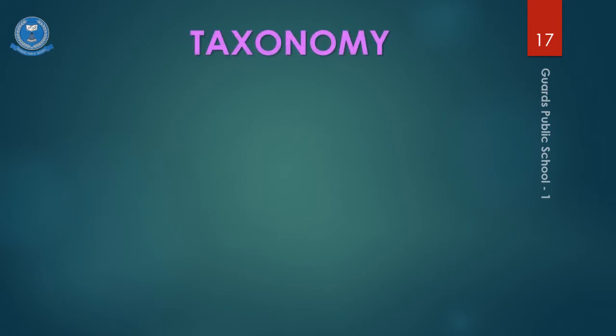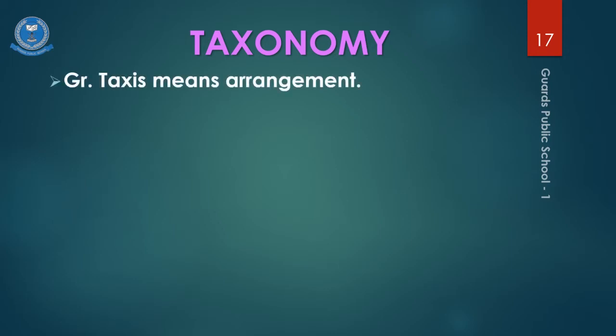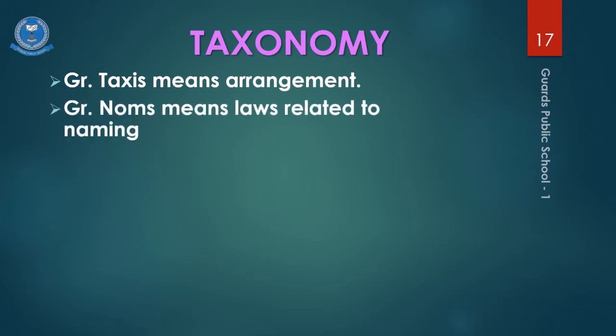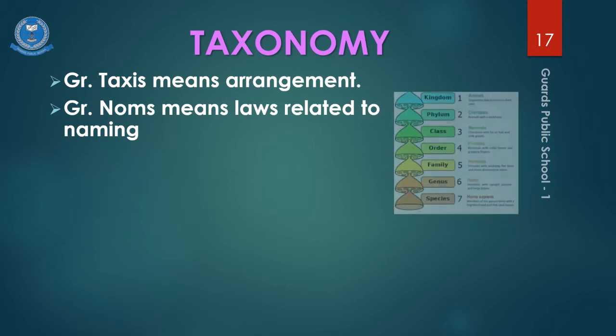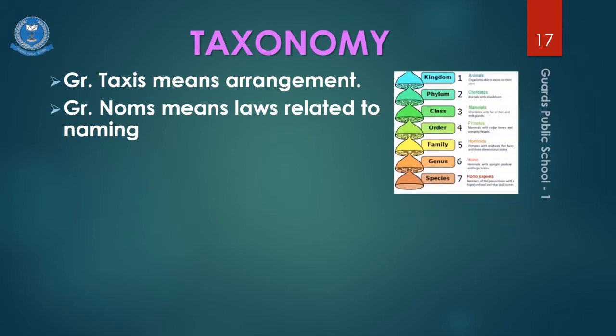Taxonomy. Students, taxonomy is derived from two Greek words. One, taxis, which means arrangement or grouping. Nomos, which means laws related to naming. The scientific study which deals with the classification of living organisms is called taxonomy.